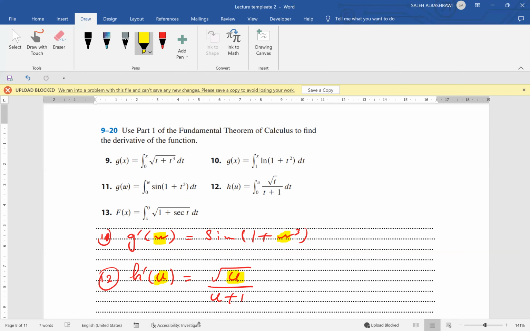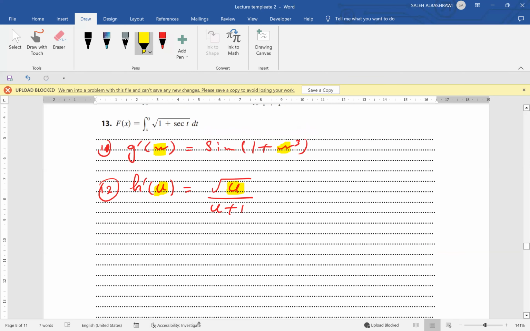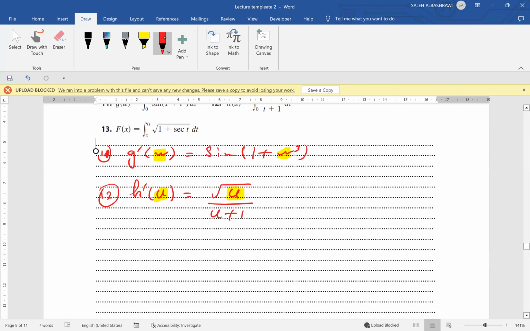Number 13, capital F prime of x. For this one, we have x to 0, not 0 to x. We have x as the lower limit of the integration.